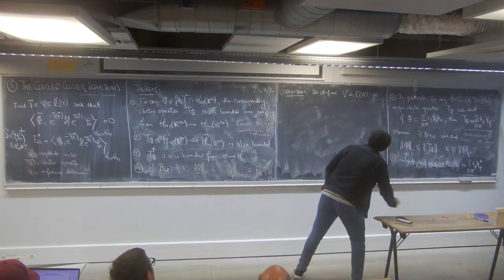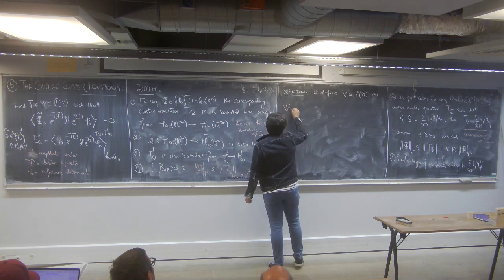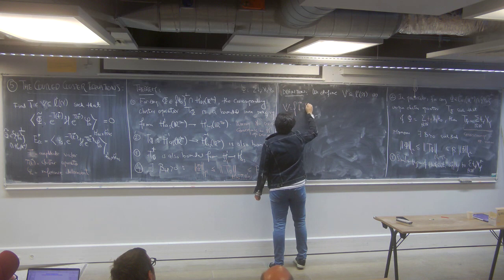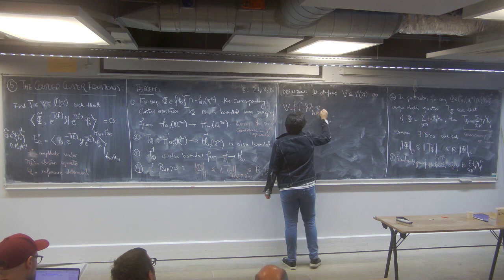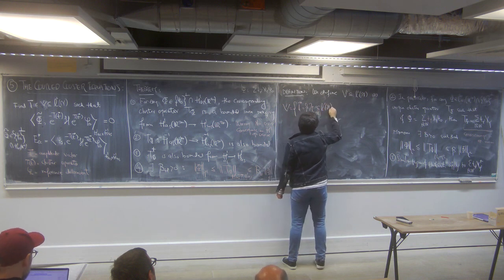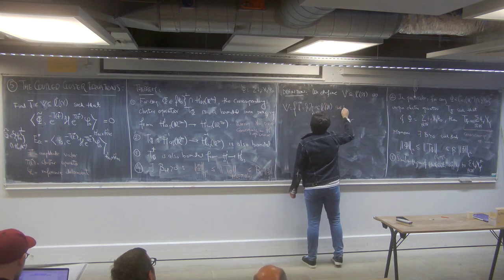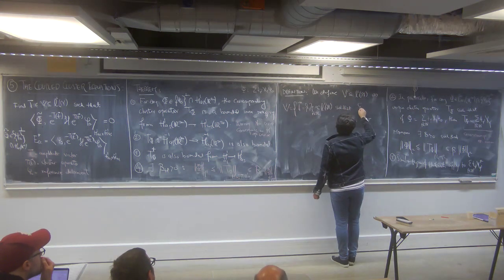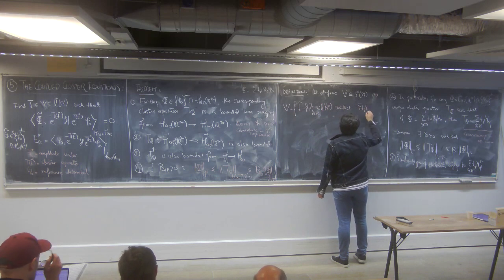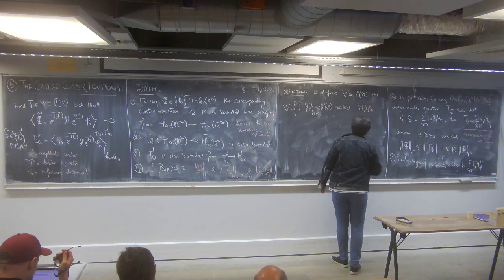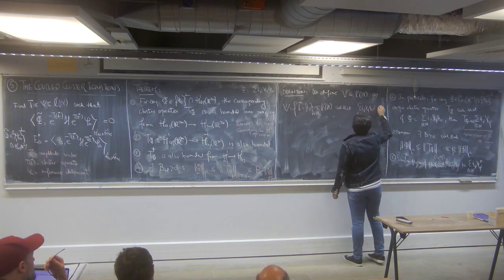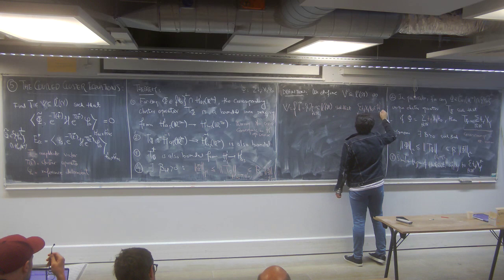So bold V consists of all sequences T of the form T_mu, mu in n, belonging to L2 of n such that if I construct a corresponding wave function from this sequence, then this belongs to H1.